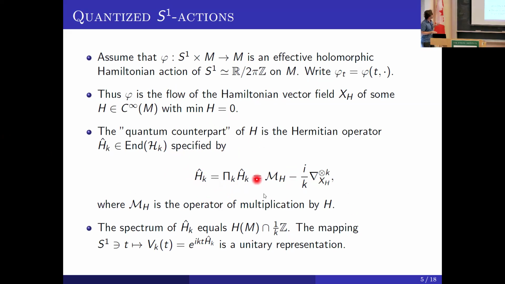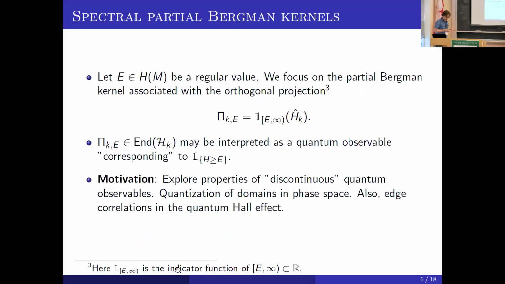Then we quantize and get a self-adjoint operator, and we don't actually need to apply the projection: this operator already preserves holomorphic sections, which is very nice. And then we know the spectrum, and we have a unitary representation and so on.